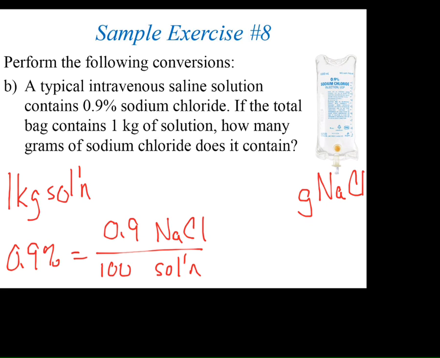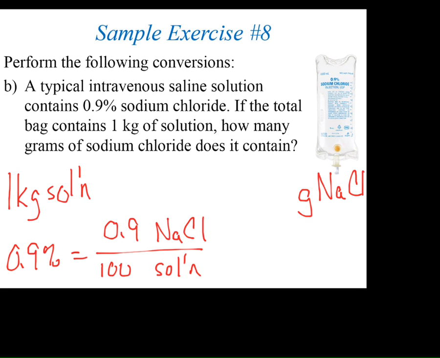So 0.9 sodium chloride out of the whole solution. So I need to use this somewhere in here as a conversion factor to get from solution to sodium chloride. So I really have two options. I could use it first and then turn kilograms to grams, or I could turn kilograms to grams and then use it second. There's really two ways I could do it, so I'll show you both.